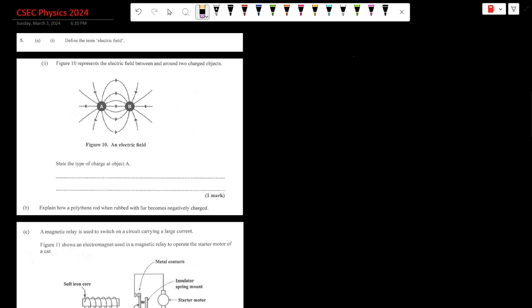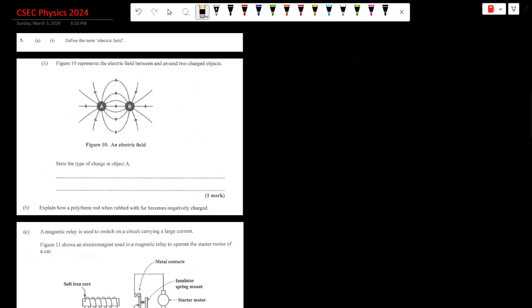But the electric field is not infinite, so you will have a region where no force is felt, which means the field does not extend to that region. Once again, an electric field is a region of space around a charged particle or object in which another charged particle or object experiences or feels a force.